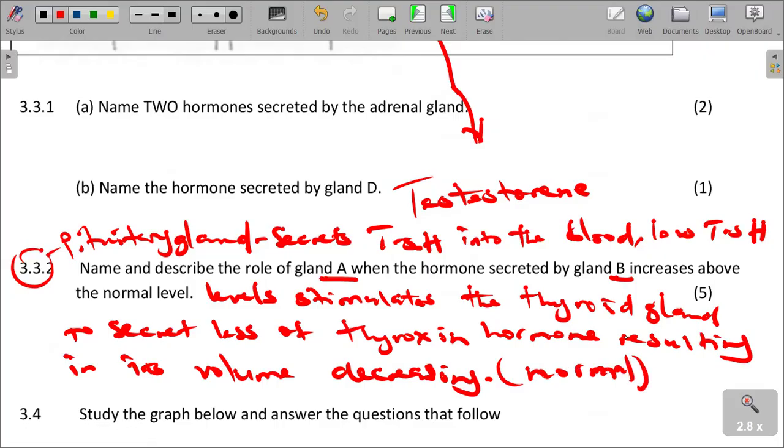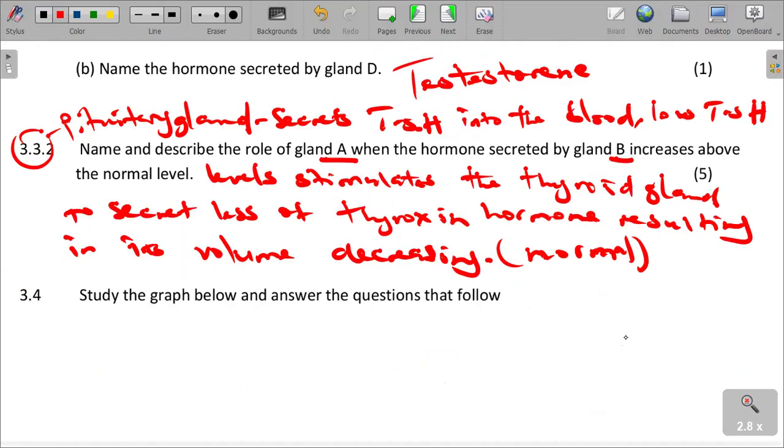So the question is basically asking about the balancing. It wants you to understand the balancing of what? The balancing of thyroxine level in the body or in the blood. How is thyroxine level balanced? If less thyroid stimulating hormone is secreted, the thyroid gland is also stimulated to secrete less thyroxine hormone.